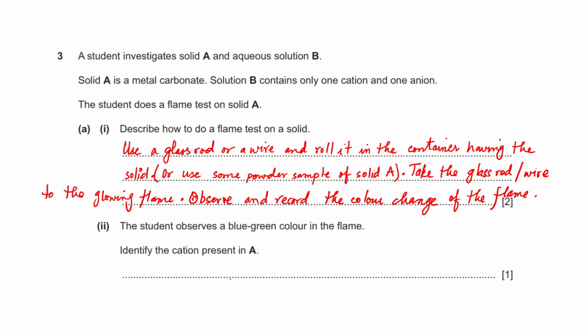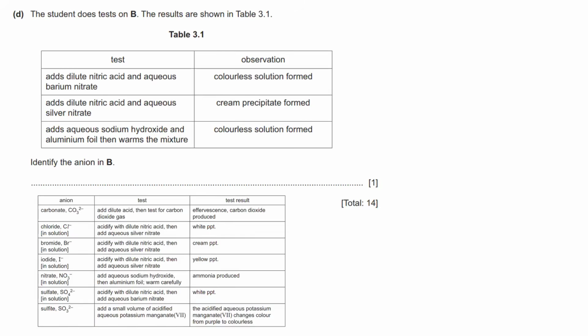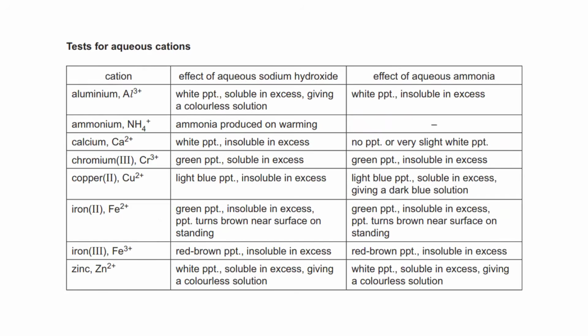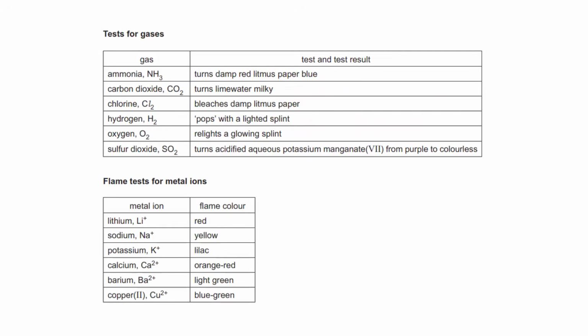Then part 2 says the student observes a blue-green color in the flame. Identify the cation. So cations, remember, are the positive ions that are there in the salt. So identify the cation present in A. In your exam, you will be given these tables. Remember there will be a table for flame test. So see where we are getting blue-green.